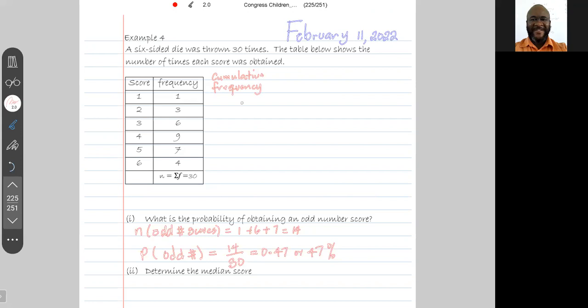So let's add the frequency. The first one is 1, then 1 plus 3, which is 4. So cumulative frequency is like a running total of the frequency.